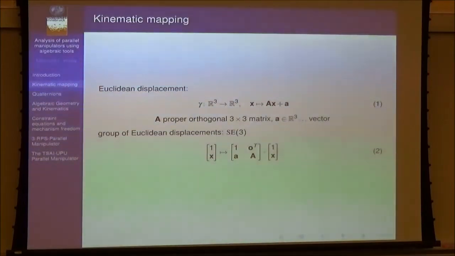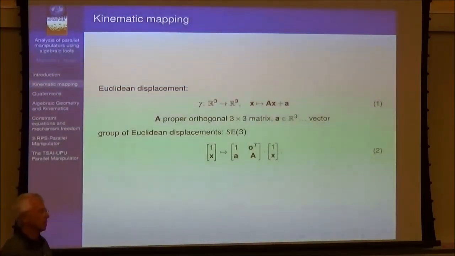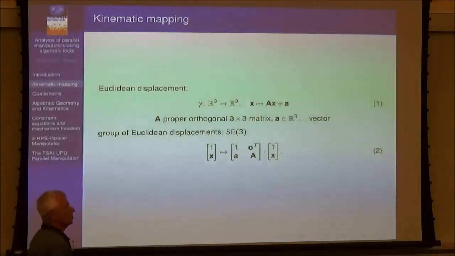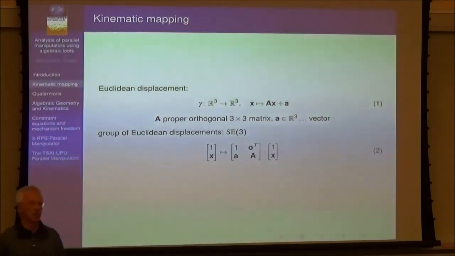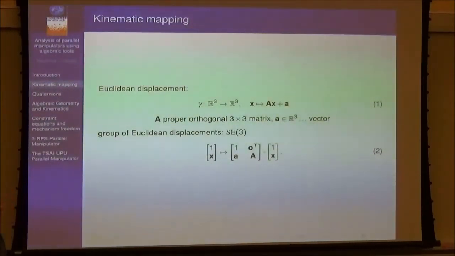As I'm a mathematician, I'm using the usual symbols. It's called SE3. S stands for special Euclidean group of dimension 3. This is the usual way mathematicians talk about this group. Why do I say group? Because these transformations have certain properties, called group properties in mathematics, with respect to multiplication.